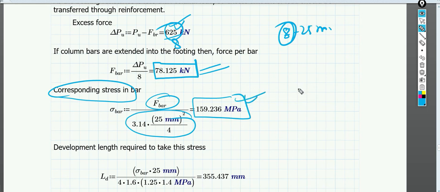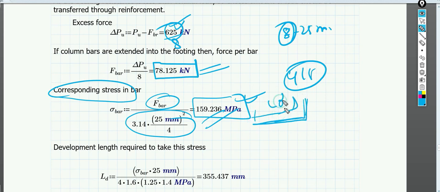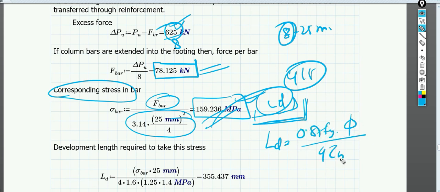Now the thing is, the bar is Fe415, right? So obviously it can take this 159. But now the case is whether this reinforcement that you are providing, which you are extending from the column, satisfies this development length criteria or not. In the development length criteria, the equation was 0.87 Fy φ by 4 τbd.